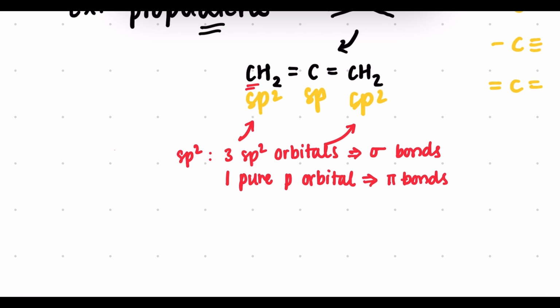So as I've said, sp2 hybridized means that there are 3 sp2 orbitals, right?